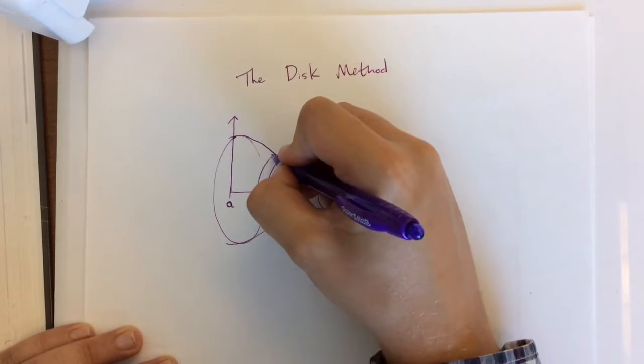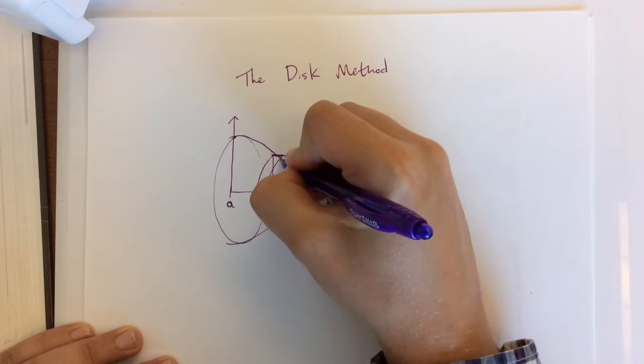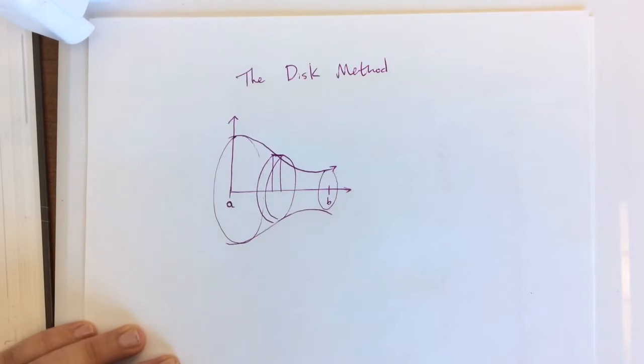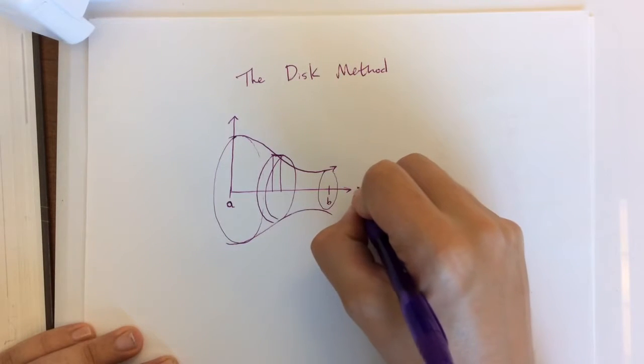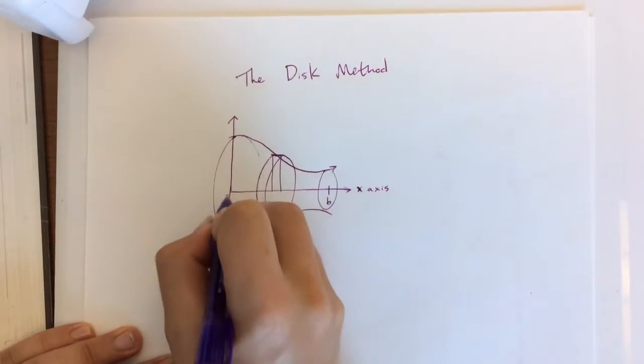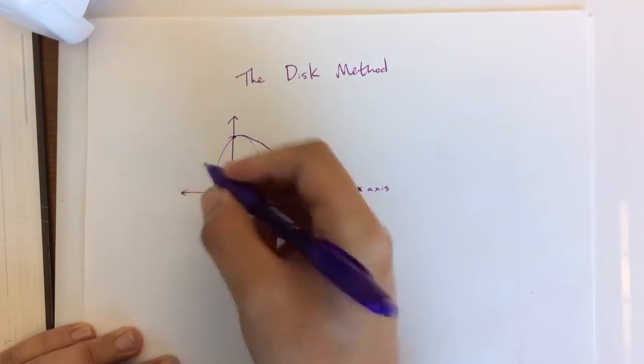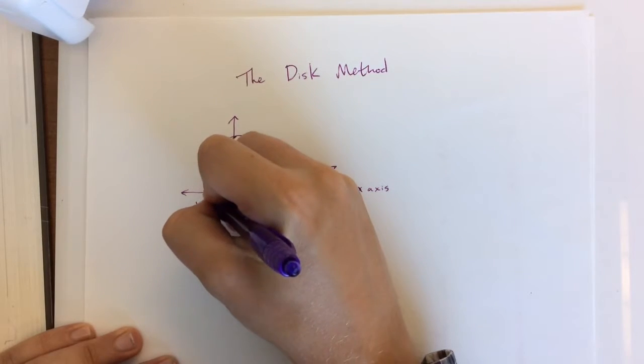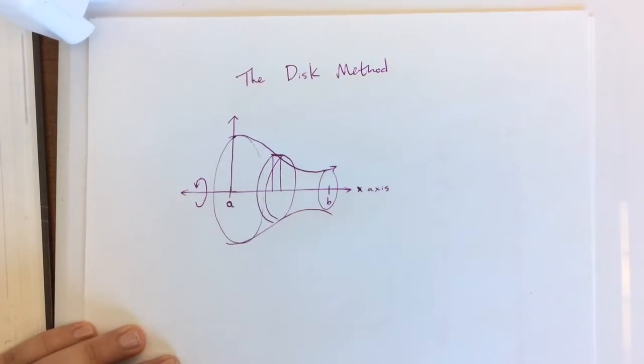We obtain those disks by rotating individual approximating rectangles around the axis of rotation, which in this case is the x-axis. In my diagrams, I'll extend the axis of rotation and draw a little rotation arrow around it.